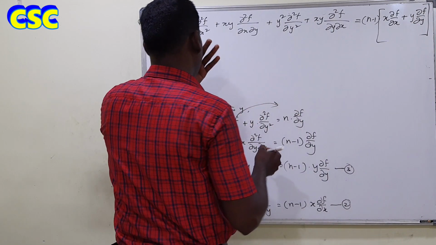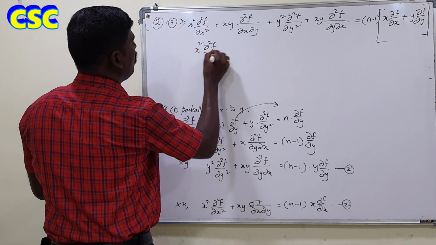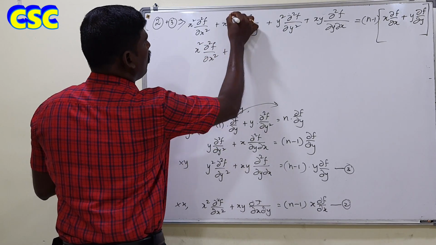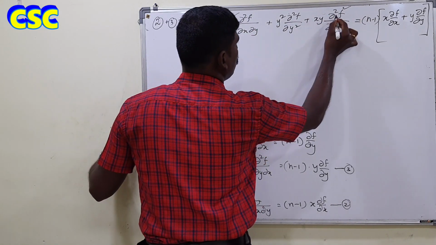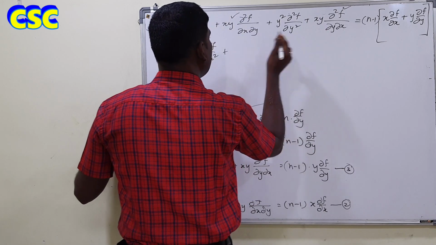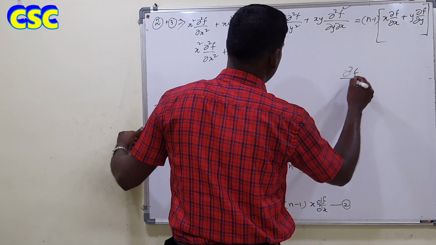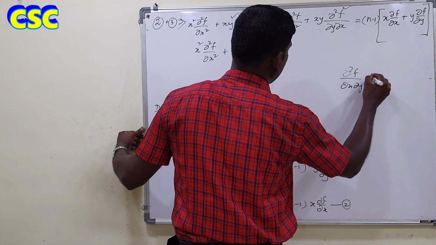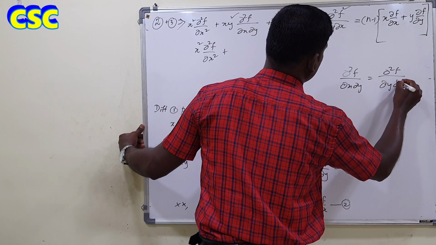Now rewrite this equation. Look at these two terms, xy into dou square f by dou x dou y and xy into dou square f by dou y dou x. Both are equal: dou square f by dou x dou y is equal to dou square f by dou y dou x.